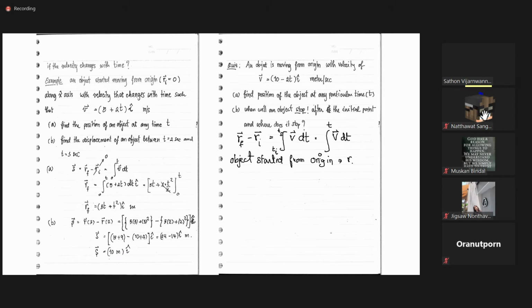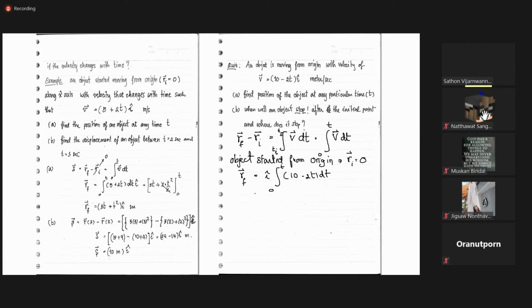That gives you that Ri is 0. So we get Rf equal to, take a unit vector out, and then you integrate from 0 to t of (10 minus 2t) dt.